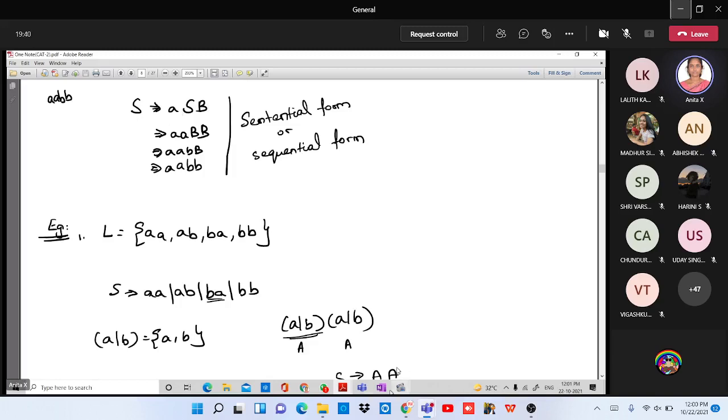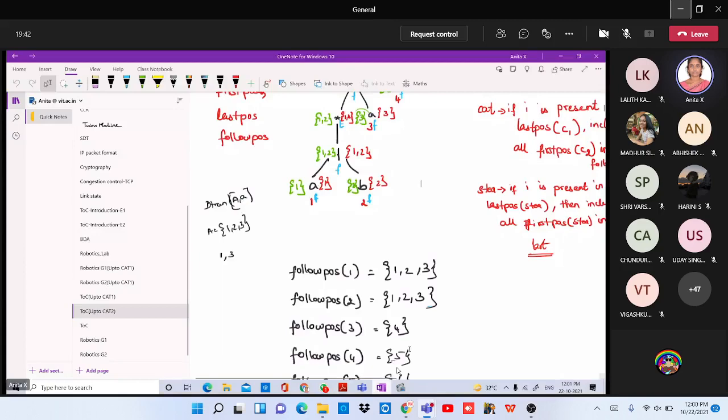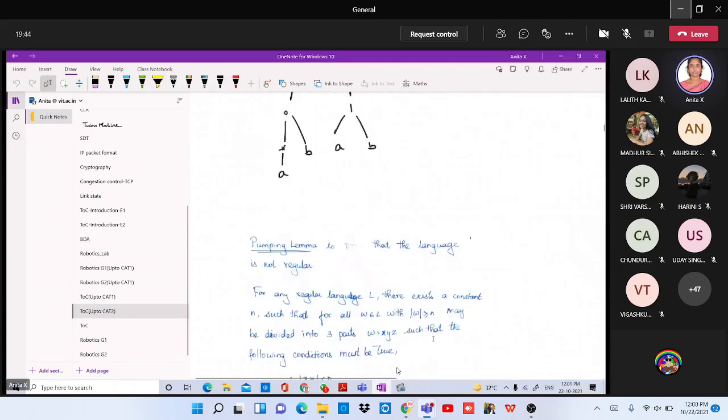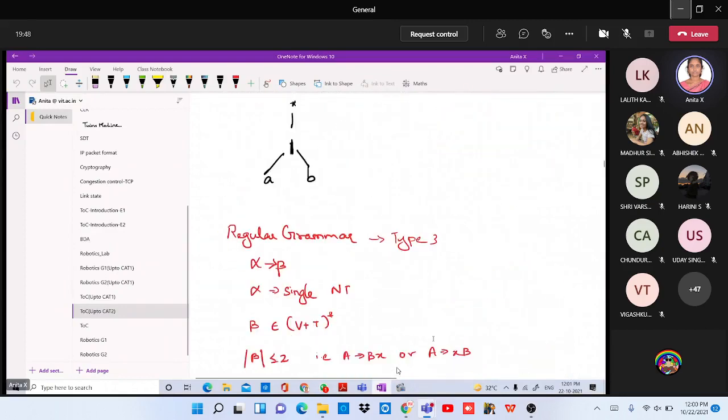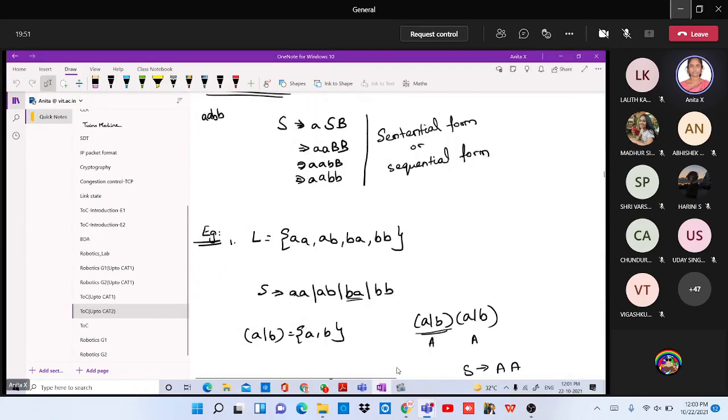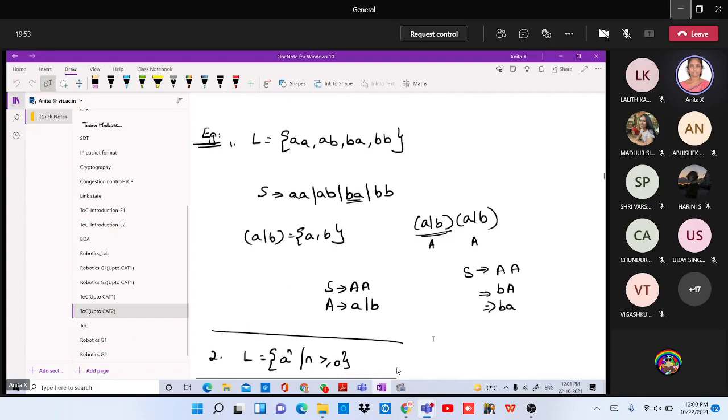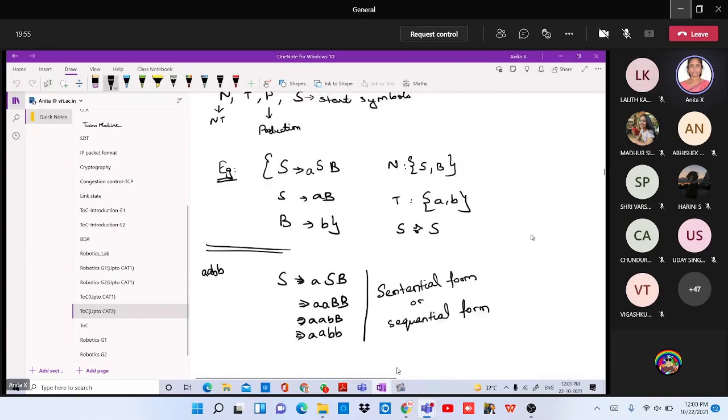Yes, derives A as B. Either I can reduce the symbol first.